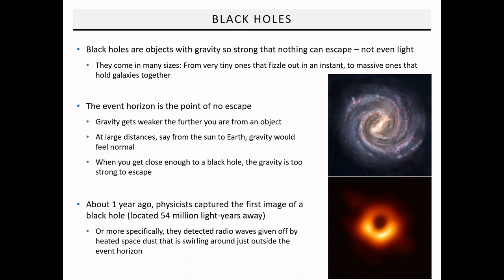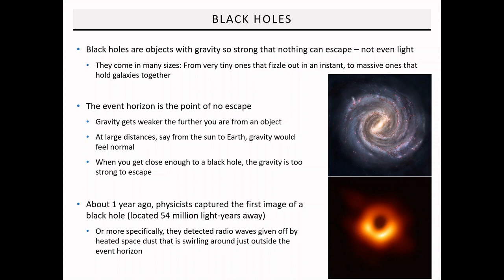Remember, we assumed that you can only see an object if light reflects off of that object or is produced by that object and then enters our eyes. If light bounces off a black hole and it cannot escape, that light can never reach our eyes, so we can't actually see black holes.